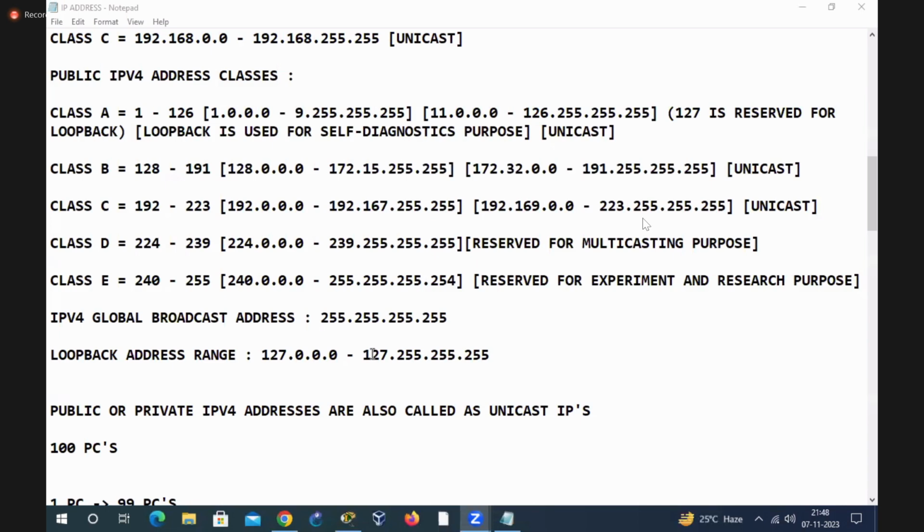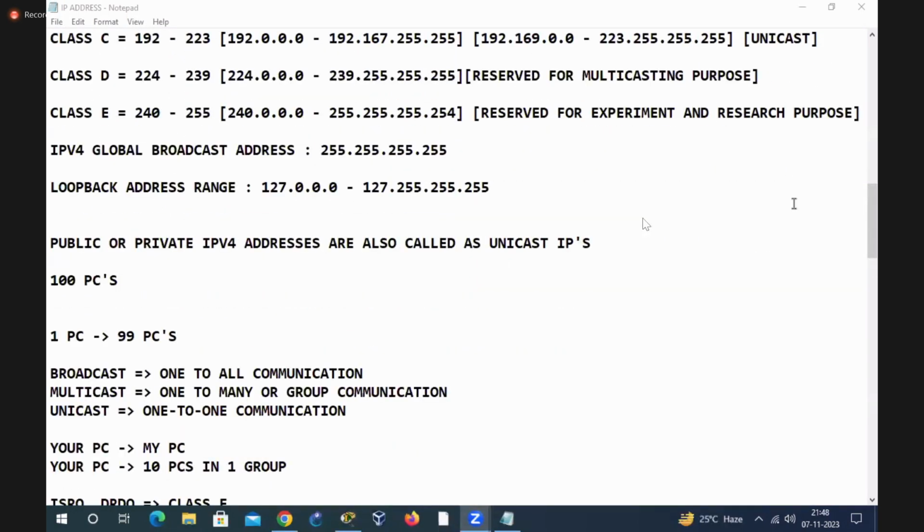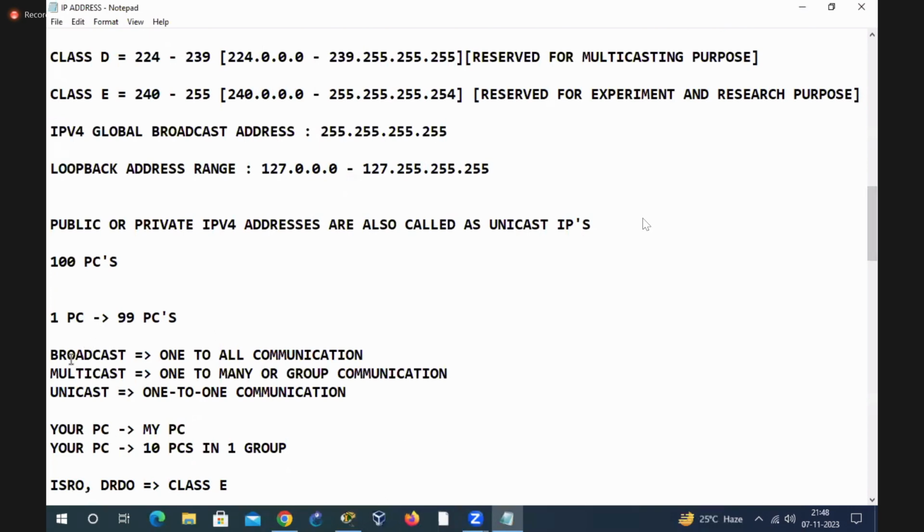Done. Taken. And here comes some definitions of broadcast, multicast, unicast, and some examples to illustrate what is unicast, what is multicast or broadcast.